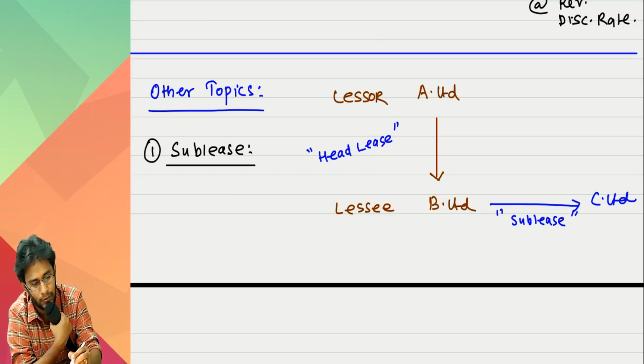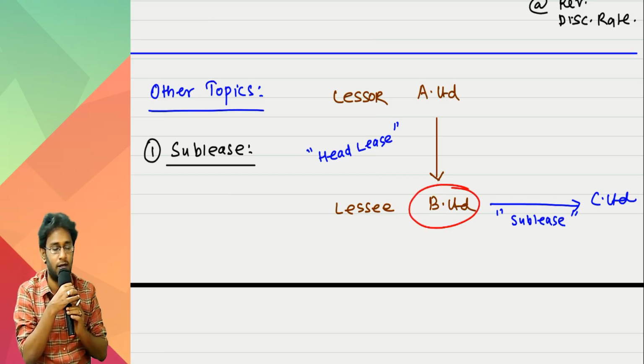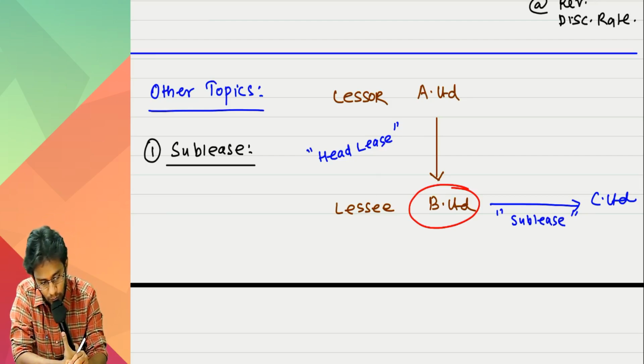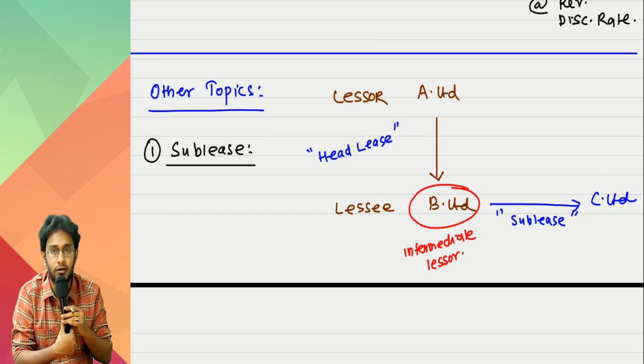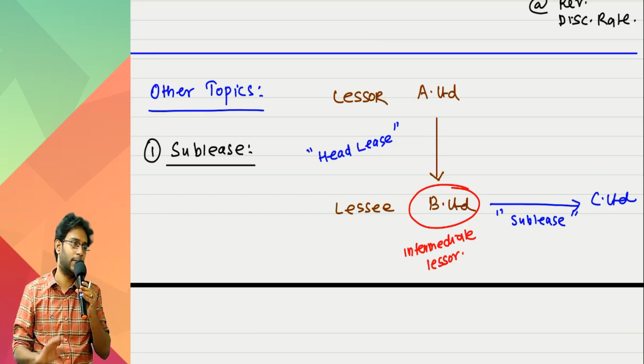Now who is B Limited? B Limited is the lessee in the original transaction, but in the sublease transaction this fellow is a lessor. We call this fellow the intermediate lessor, like how we used to call intermediate parent. He is a lessee in the head lease, but lessor in the sublease.